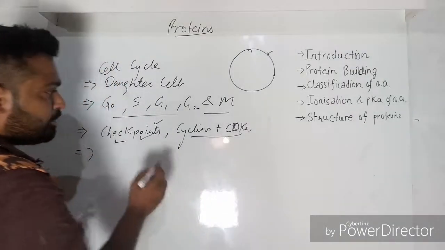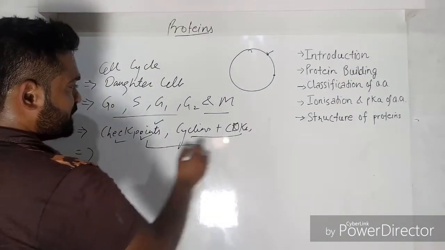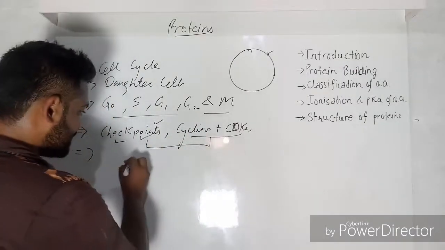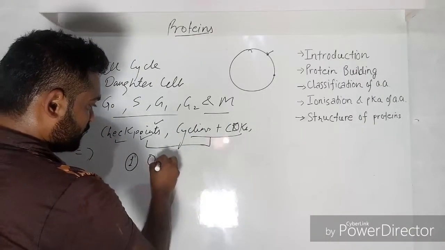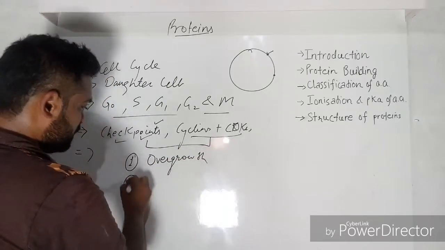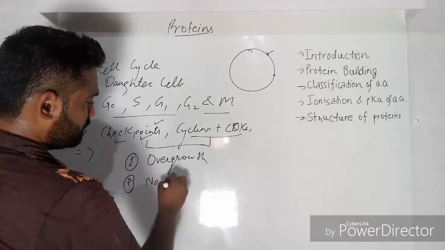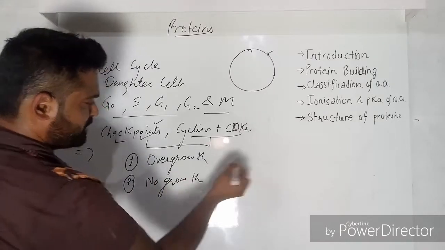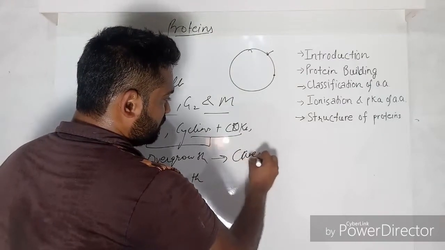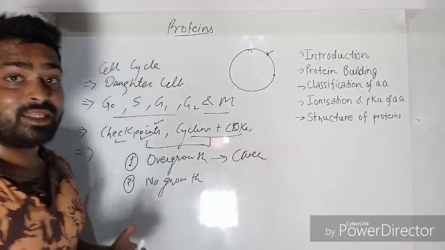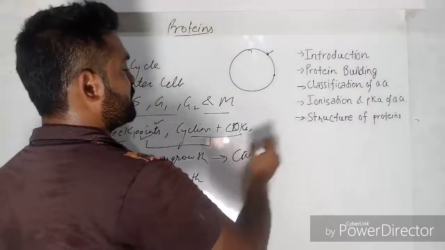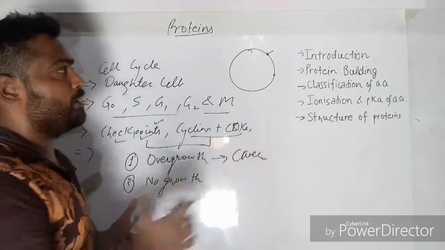If these proteins are misbehaving, what could happen? Two things. First is overgrowth. The second one, no growth or retarded growth. This would lead to cancer. In both cases, the cell has to experience negative consequences which the cell does not want to have.